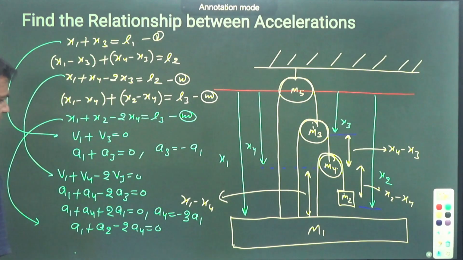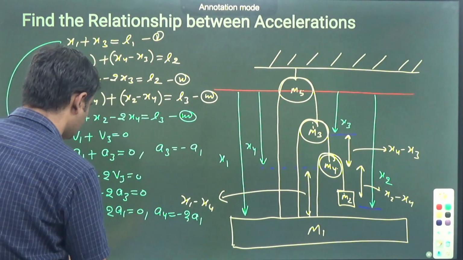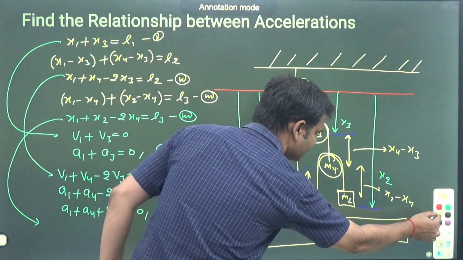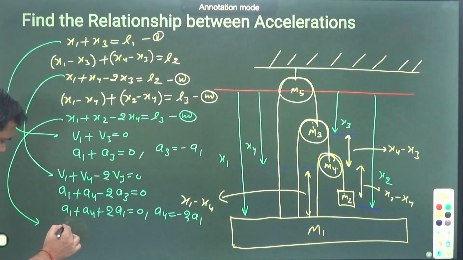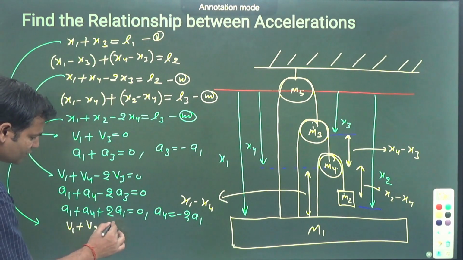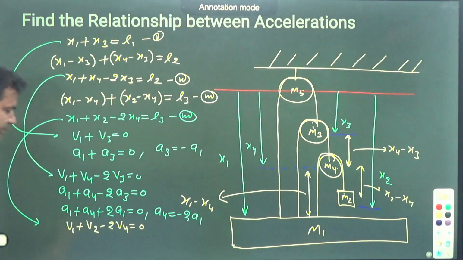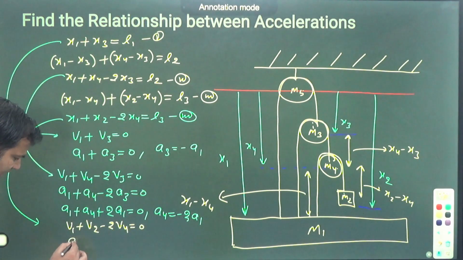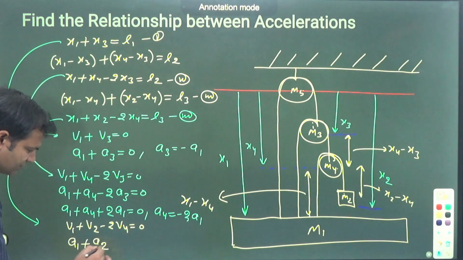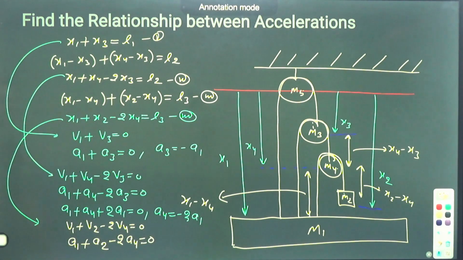If you differentiate with respect to time, we get velocity first, not acceleration. So you can say v1 plus v2 minus 2 times v4 is equal to 0. Again differentiate, we get a1 plus a2 minus 2 times a4 is equal to 0.